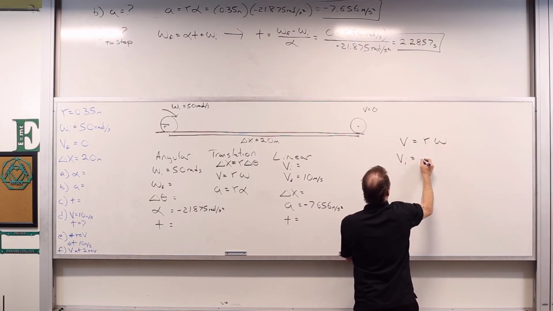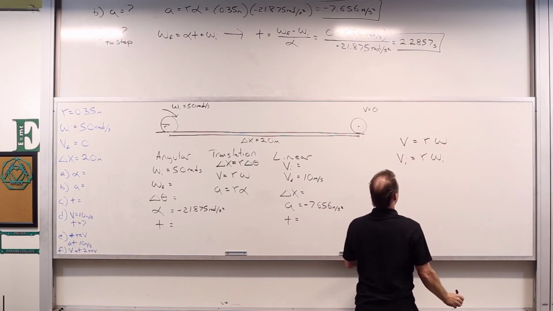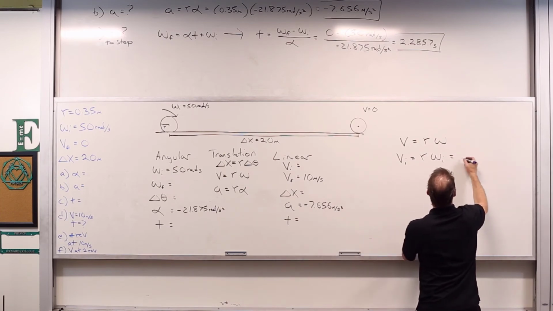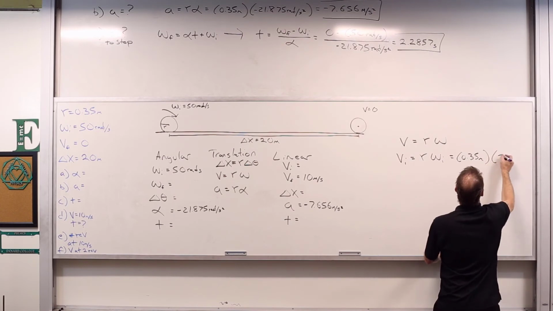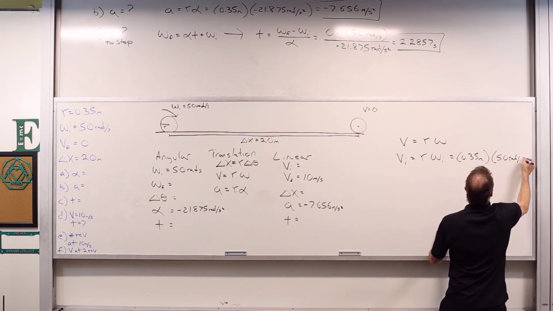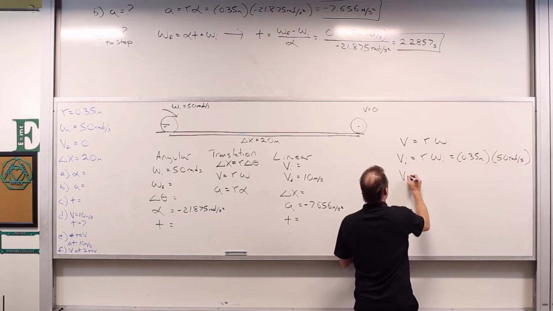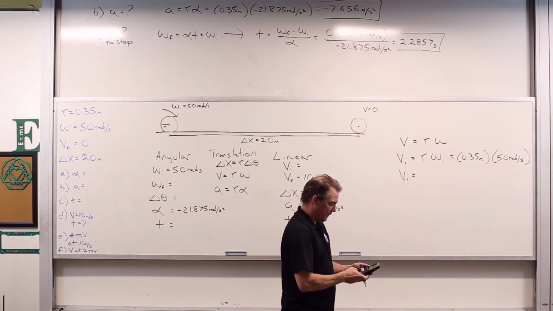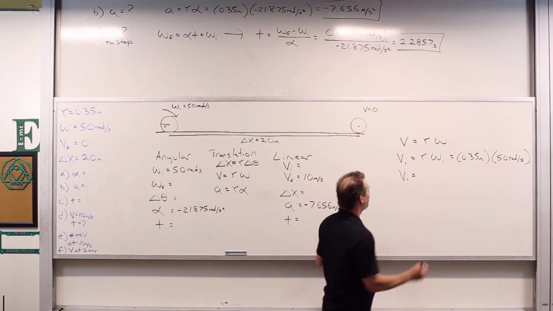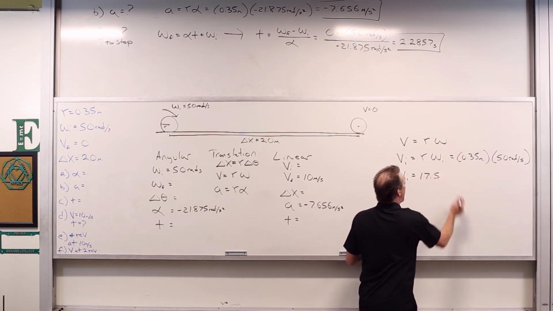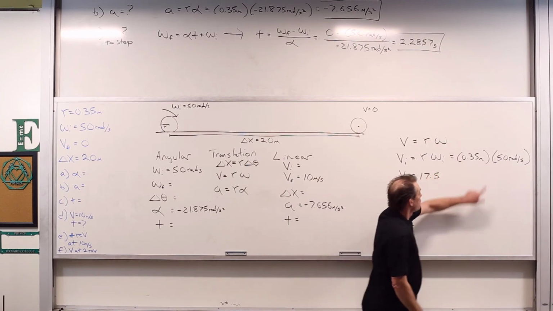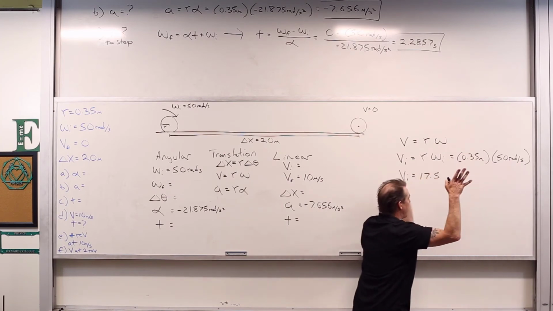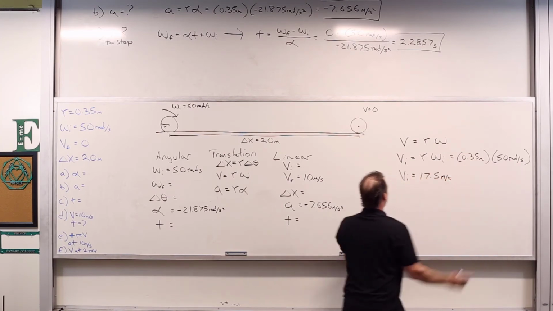So v initial is equal to r omega initial, which gives us 0.35 meters multiplied by 50 radians per second, giving us an initial speed of 50 times 0.35 is equal to 17.5. 17.5 what? That's right, meters per second. Radians vanishes, and we're left with the linear quantity.